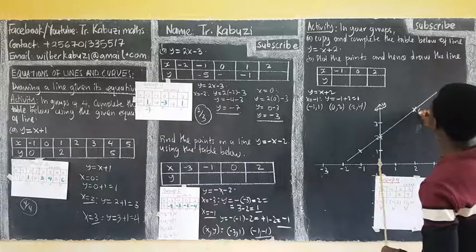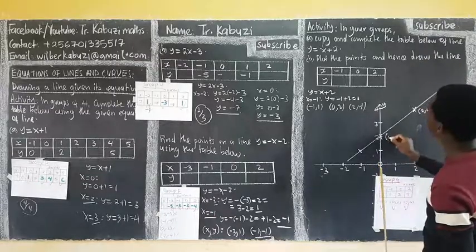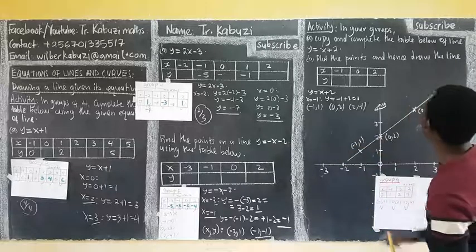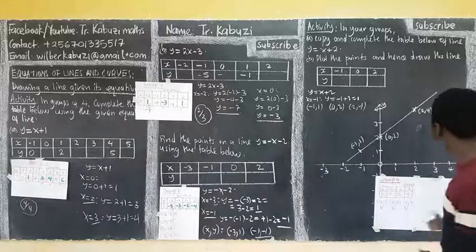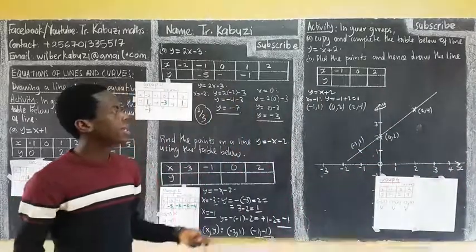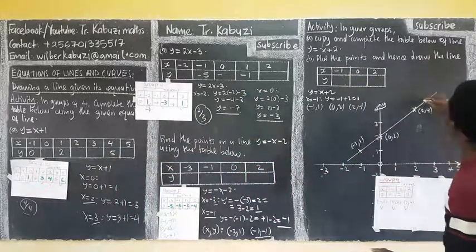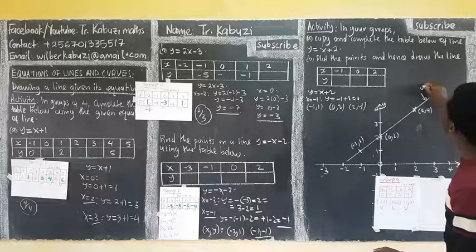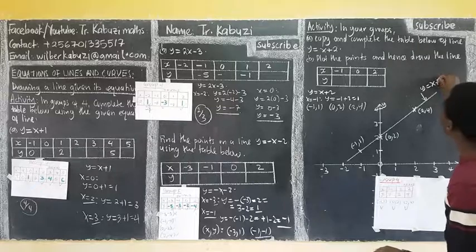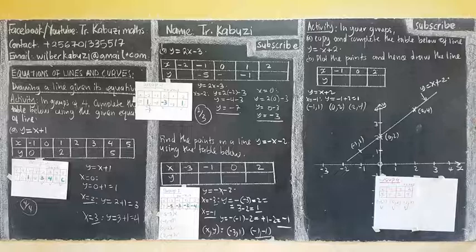Then you indicate this is 2, 4, this is 0, 2, and you indicate these points, negative 1, 1. And then the last thing, these people never named this line. So you name it: this line was y equals 2x plus 2. Then you are sure you are going to get all the marks.